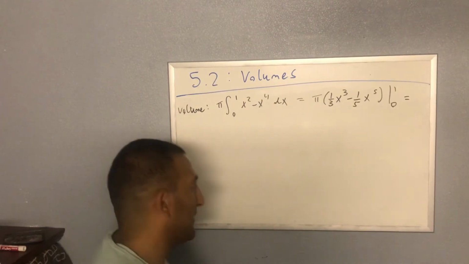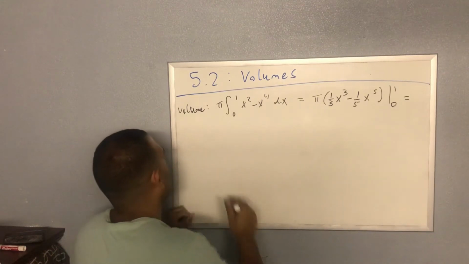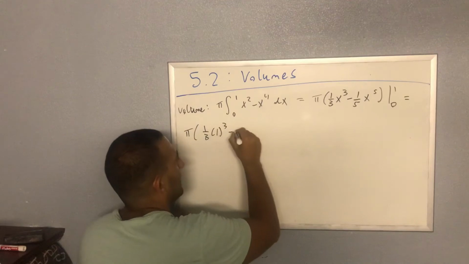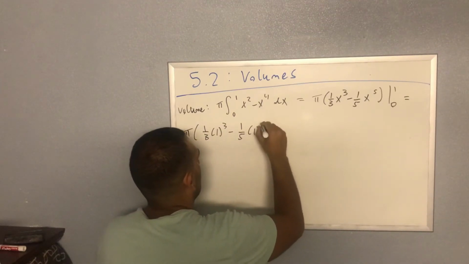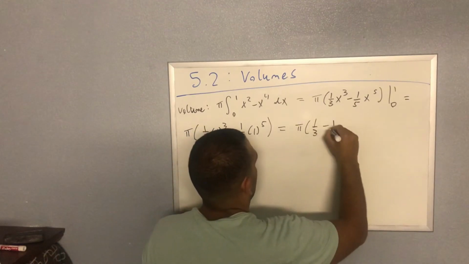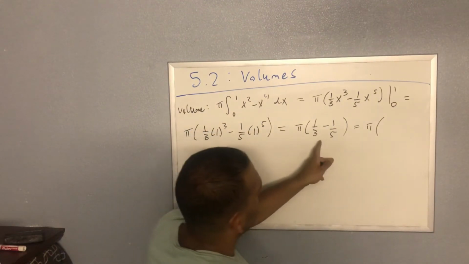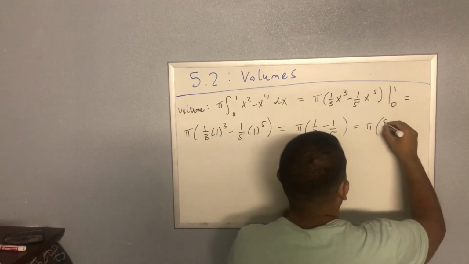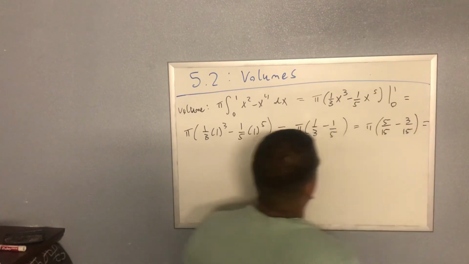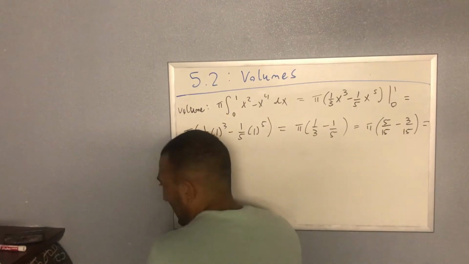Again, if you stick 0 into these, everything just disappears. So the only meaningful contribution comes from sticking 1 in there, which will be 1/3 times 1 cubed minus 1/5. If you get a common denominator of 15, this is 5/15, this is 3/15. So you get a 2 up top, and we get 2 pi over 15 as the final answer.